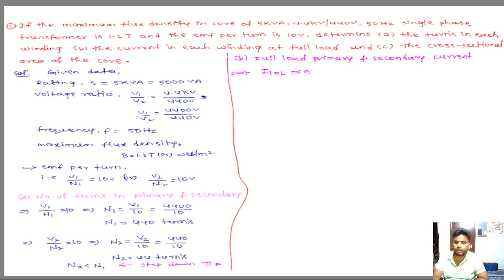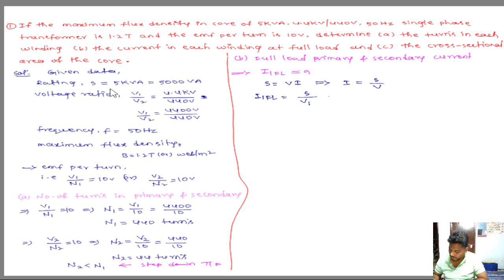From the rating of the transformer, S is equal to V into I. Therefore, from this rating we write the formula for current: I is equal to S by V. Therefore, I1 full load is equal to S by V1.